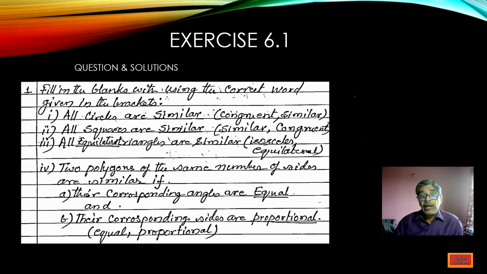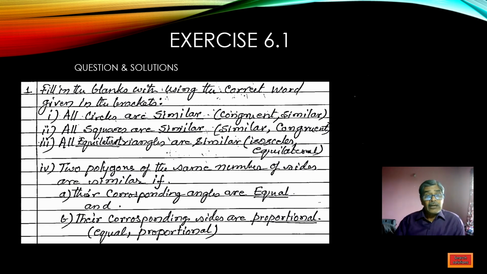Isosceles means angles will change and sides will change even though the shape looks the same, so it is of different size. Whereas if two equilateral triangles are there, then they are similar. But here the length of the sides may be different. Okay, that is the first question.